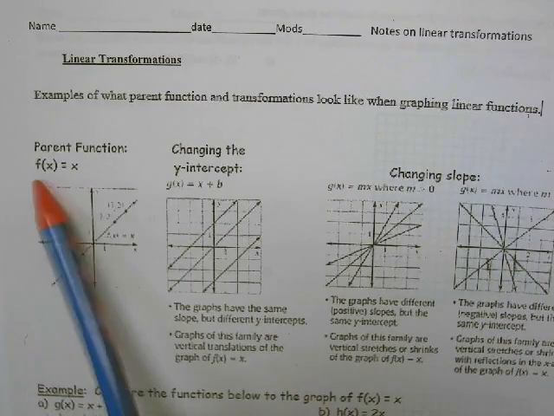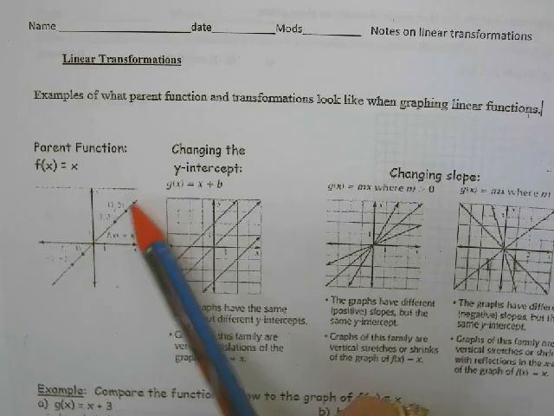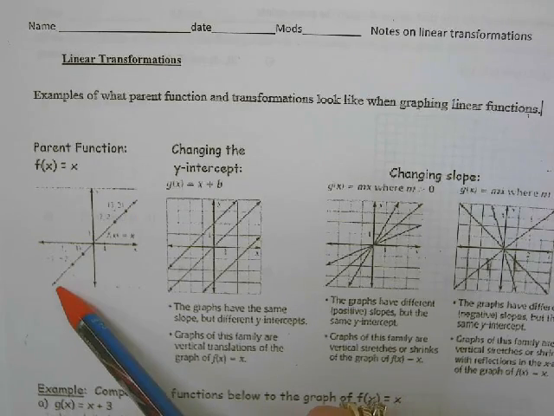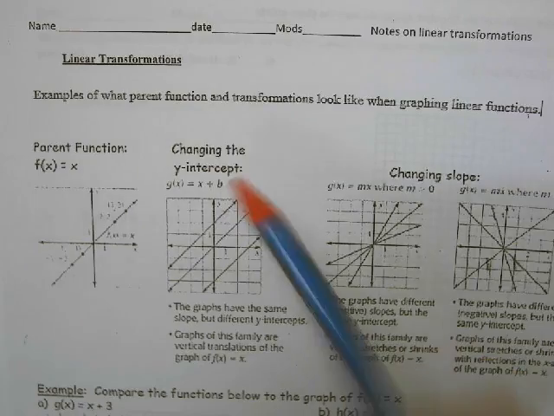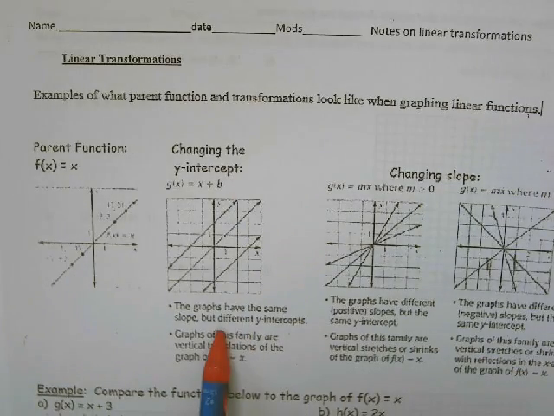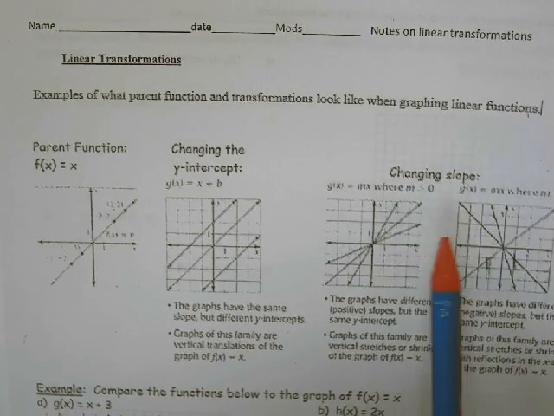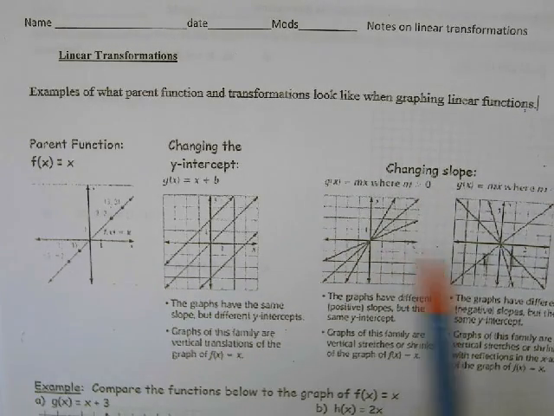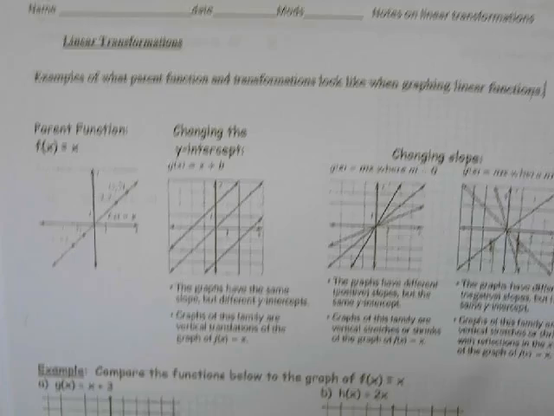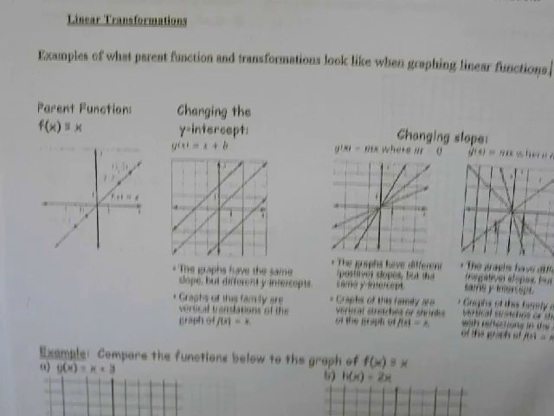So you have parent function f of x equals x, which is this line, and then they change the y-intercept by changing b. So the graphs have the same slope but different y-intercepts. And then when you change the slope, you change the steepness of the line. So that's what it's showing you here. You can read through those on your own.